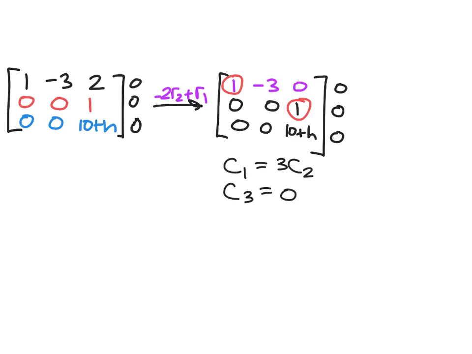I could state that C2 has to be a free variable because C1 is defined in terms of C2. But the only way that this is going to work out is if this value here goes to 0. So what value would h have to be in order for this to go to 0? -10. H would have to be -10.